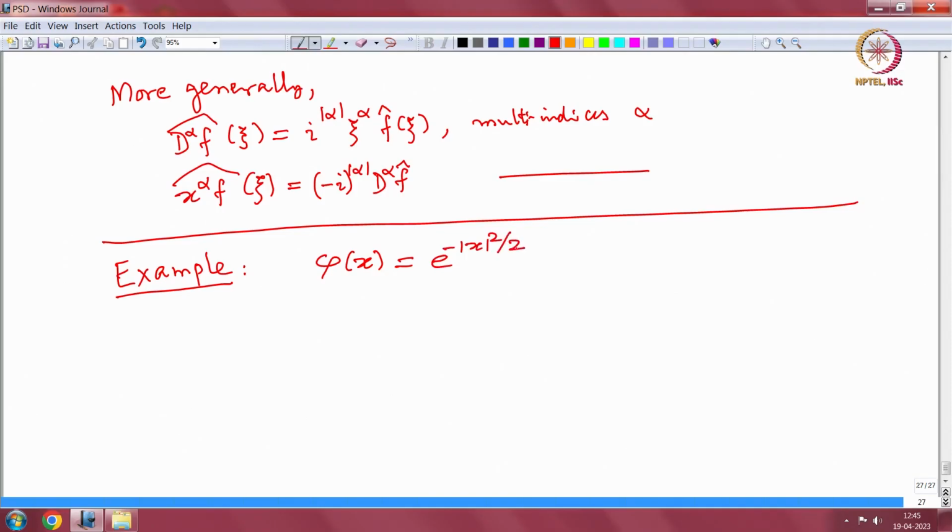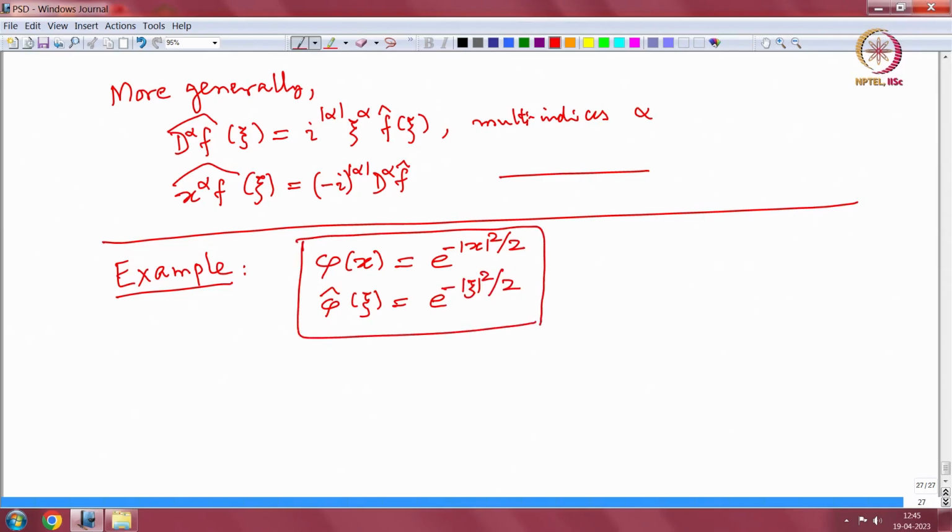You can actually do the hard computation. This is one function whose Fourier transform is itself. Let me give a proof of this using an ODE.